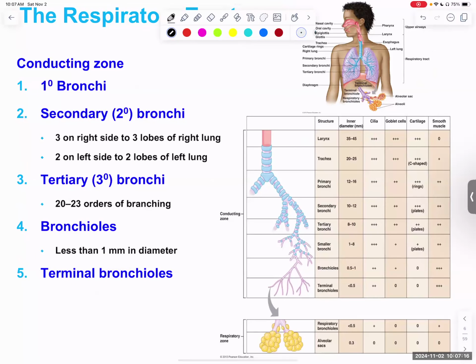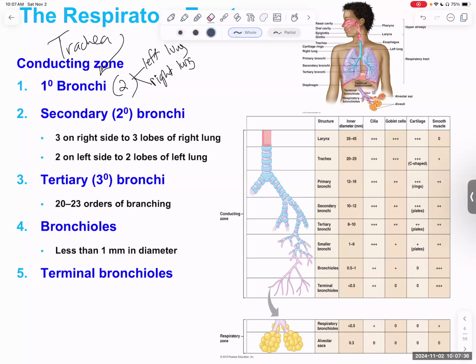Conducting zone, trachea, and then it's going to branch into two primary bronchi. One goes to the left lung and one goes to the right lung. Once those primary bronchi go into the lungs, they're going to branch a second time, and so these are the secondary bronchi.